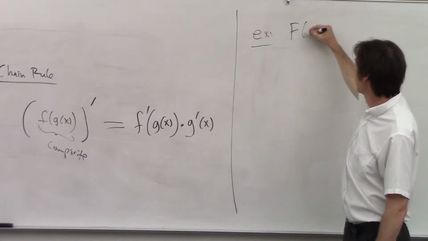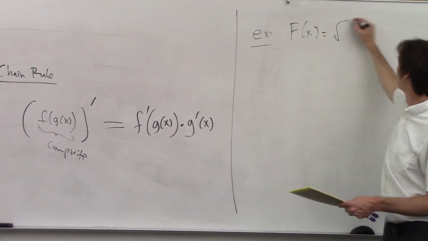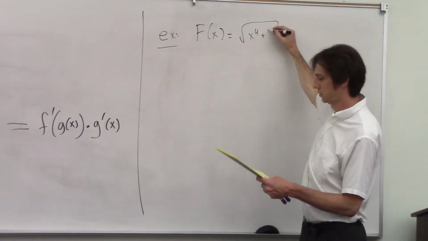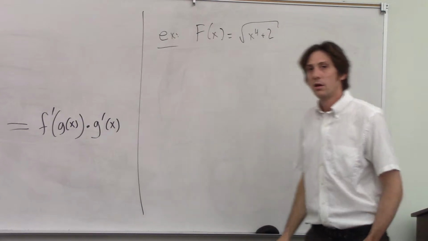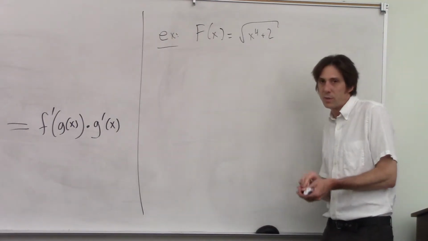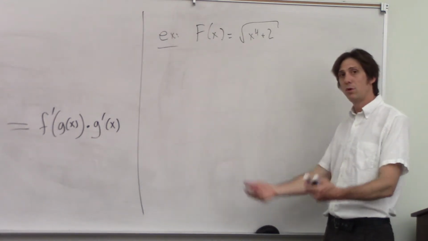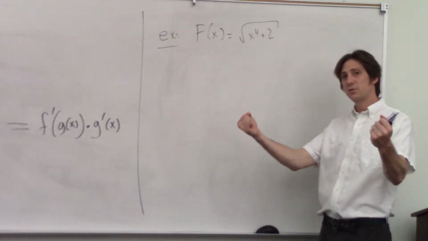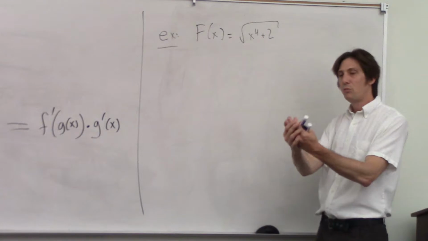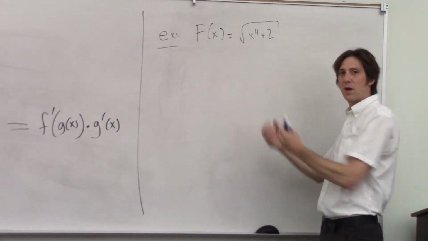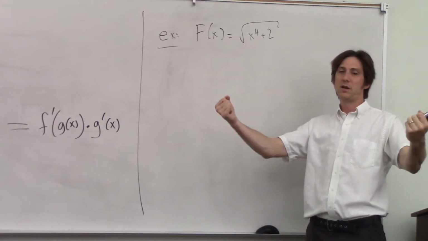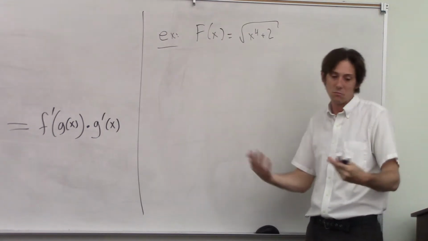Let's say that capital F of x is equal to the square root of x to the 4 plus 2. In chapter 1, we talked about composite functions, and I said we have to be able to recognize them. Given two functions, we have to be able to compose them, but given a composite itself, we have to be able to decompose it into the two functions that make it up.